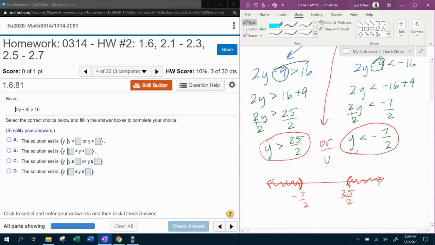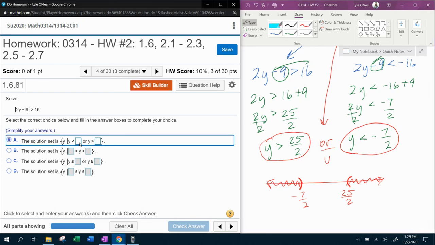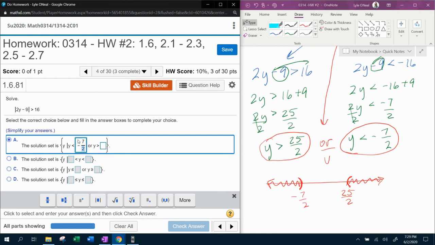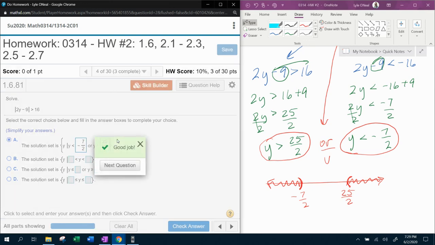And since ours don't have the equal to part, that's going to be answer choice A. So y is less than negative 7 halves, and then y is greater than 25 halves.